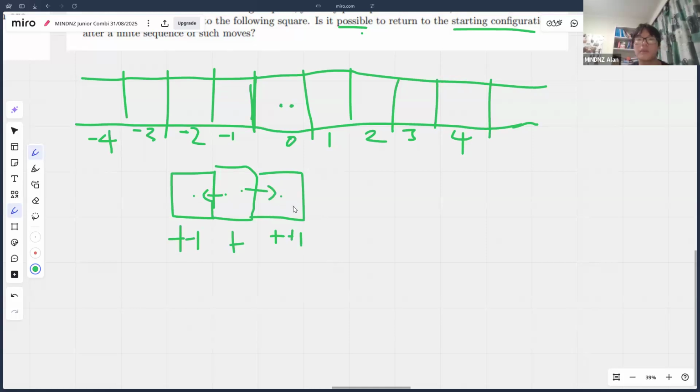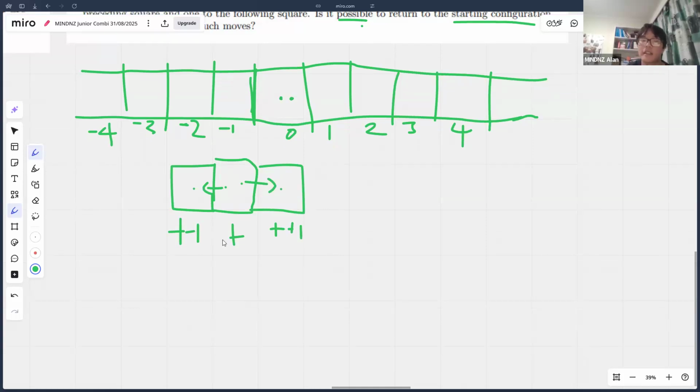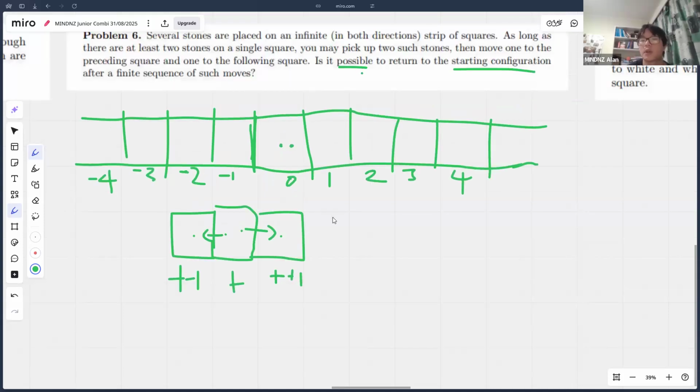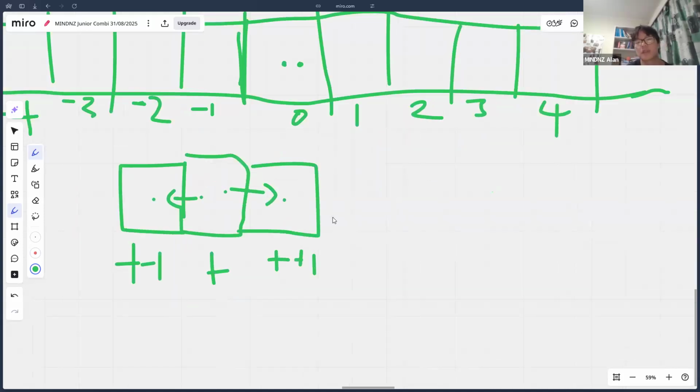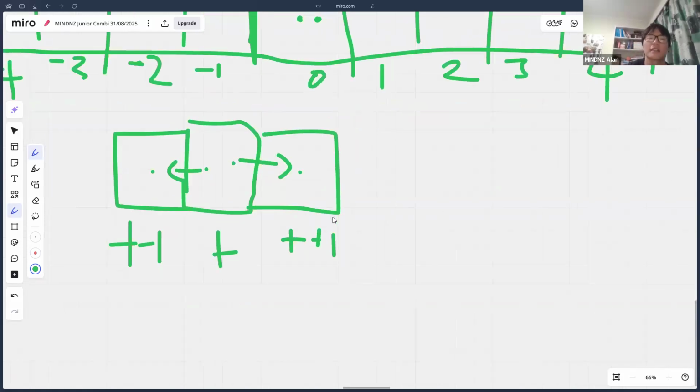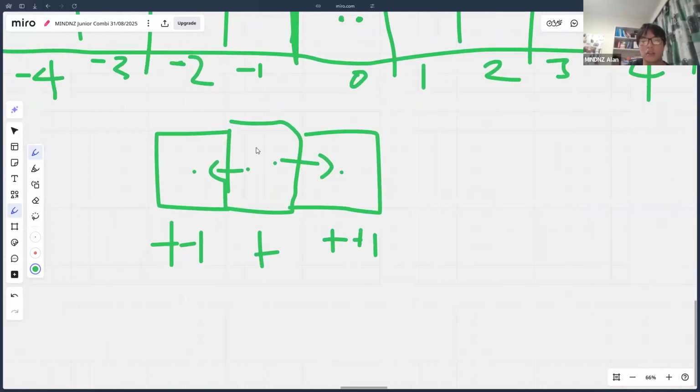And then how do we make this always increasing or always decreasing? Obviously, we can't just take the values as given, right? Because t times 2 is 2t, and t plus 1 plus t minus 1 is also 2t. So it just stays the same. That's not a monovariant. That's not increasing or decreasing. We want something that's always increasing or decreasing. And the answer is we take t squared.